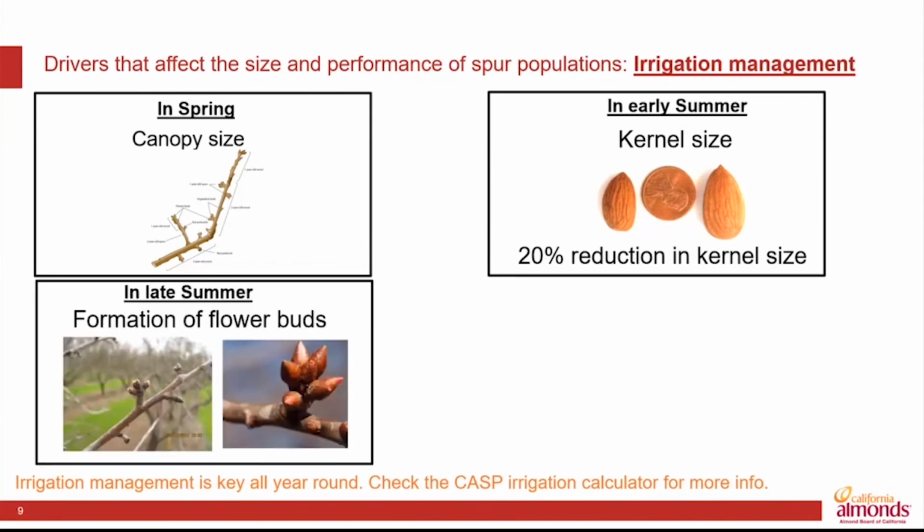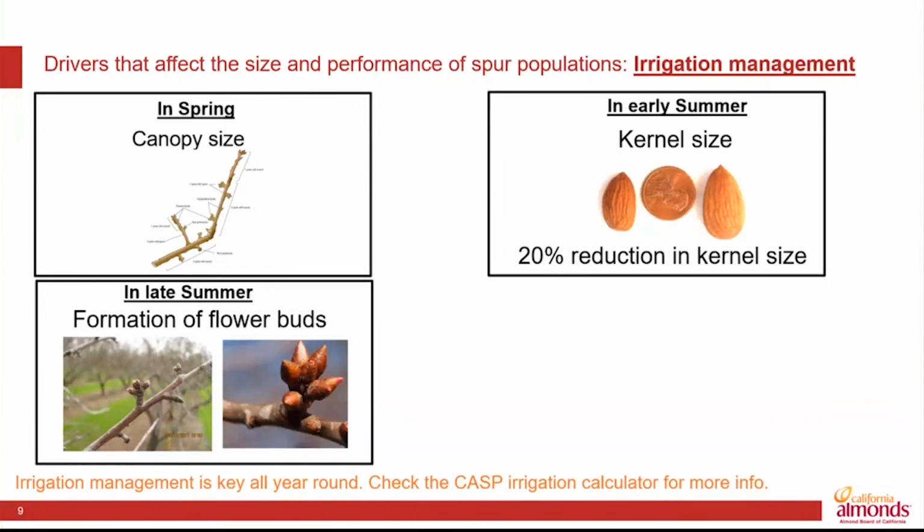As we move from early summer to late summer, there is something very interesting going on as well. There is something going on in these spurs. Those spurs that were vegetative, those spurs that have leaves only, start to develop those flower buds. You can see there. So that's what we call induction and flower differentiation.